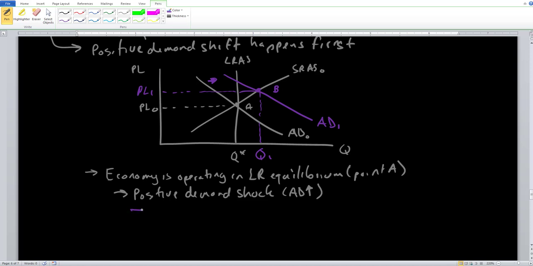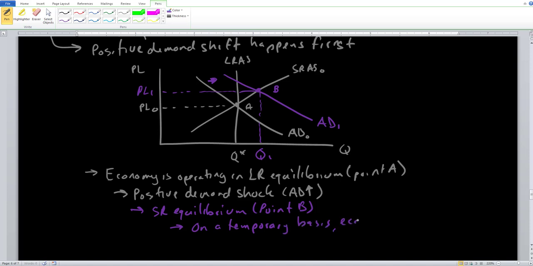So here, we're going to be led to short run equilibrium at point B. And of course, this is perfectly fine on a temporary basis. The economy can expand.